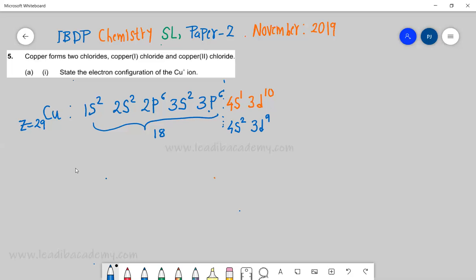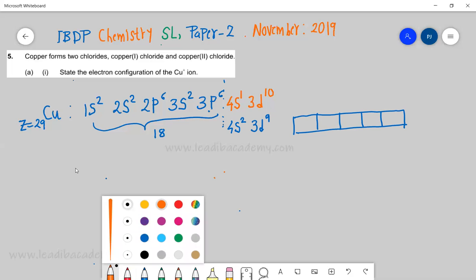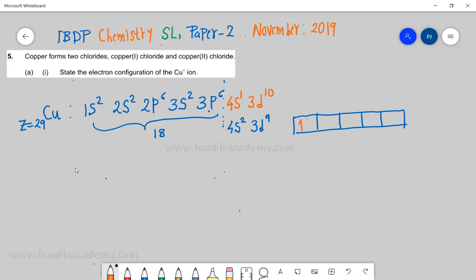Now comes the problem. Let me show you with this diagram: 1, 2, 3, 4, 5. Let me put the electrons. 9 electrons, these are paired ones.